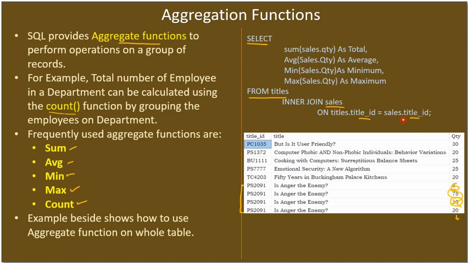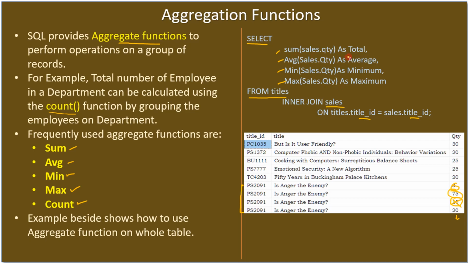So this will bring a group of records, and on that we are applying the aggregate functions: sum of sales.quantity as total, average of sales.quantity as average, min of sales.quantity as minimum, and max of sales.quantity as maximum.